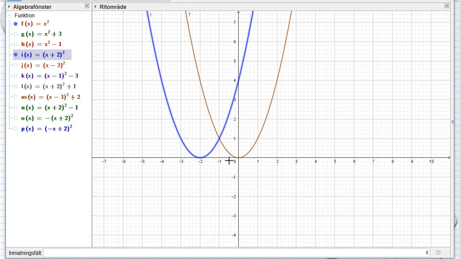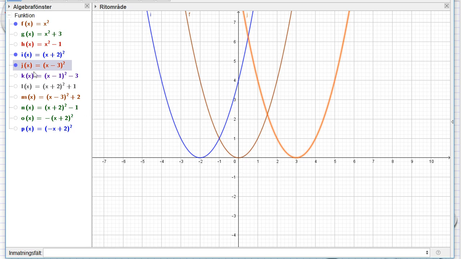If it's plus 2, you have 2 steps to the left. If it's minus 3 there, then it is 3 steps to the right.